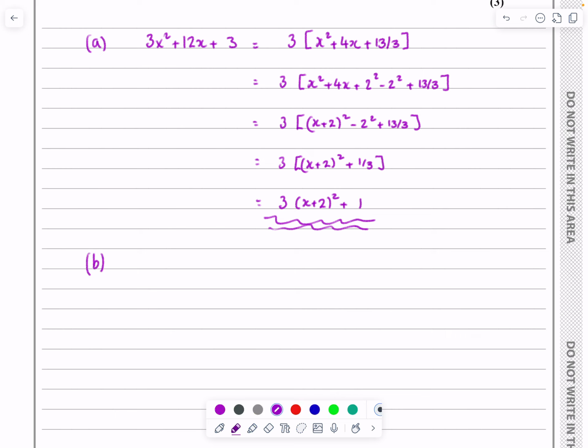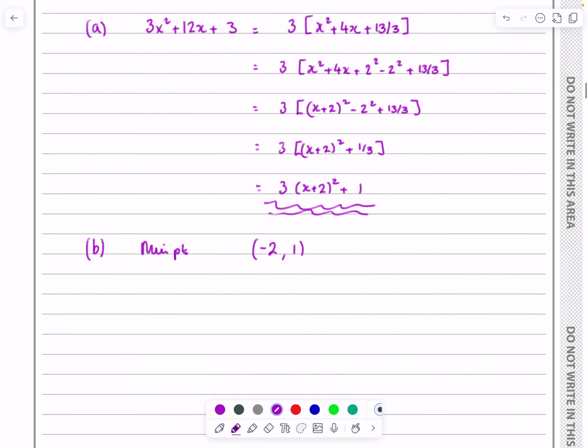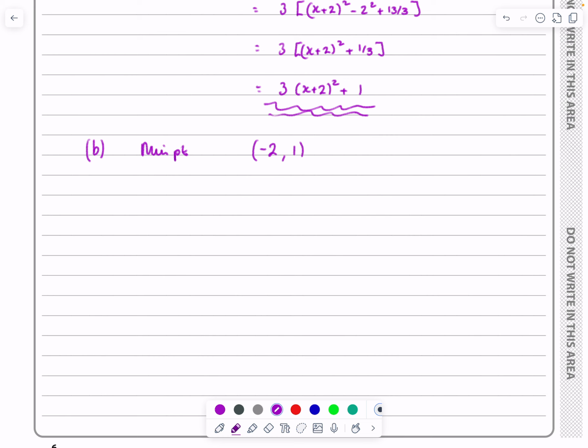So let's just write this in before we do it. Part B, for the minimum point, we know it's going to be minus 2, because that would make that 0 squared. And if that is minus 2, which makes that 0 squared, 3 lots of 0 squared, 3 lots of 0, 0 plus 1 means that the point there is minus 2, 1. So if you've done a lot of work on completing the square, that shouldn't be a problem to us at all.